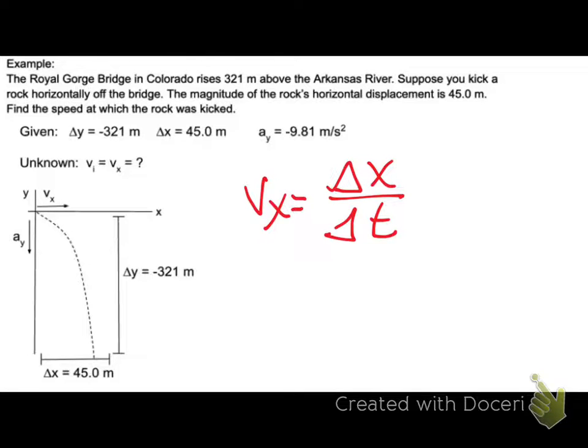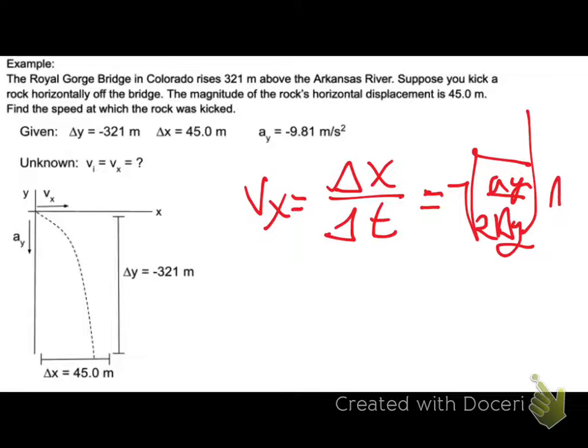And instead of time, we'll do the inverse of our thing so that we don't have to make a weird messy fraction, and do the square root of ay over 2 delta y times delta x, and then we can go ahead and solve.